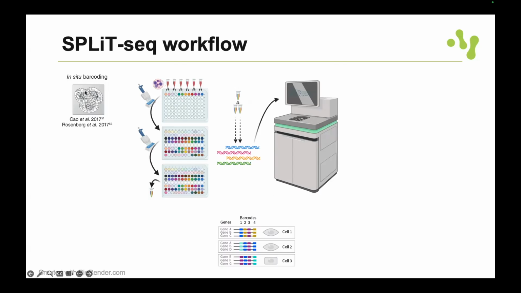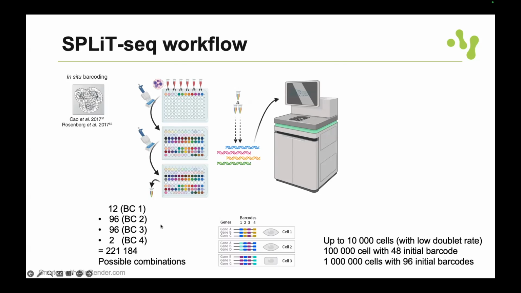I mentioned before that each cell is permeable, so you can add the reagents, but the mRNA won't go out of the cell, so it's contained within the cell. Here is a calculation example, where you had 12 barcodes in the first round, 96 times 96, and you split this into 2 sequencing libraries.